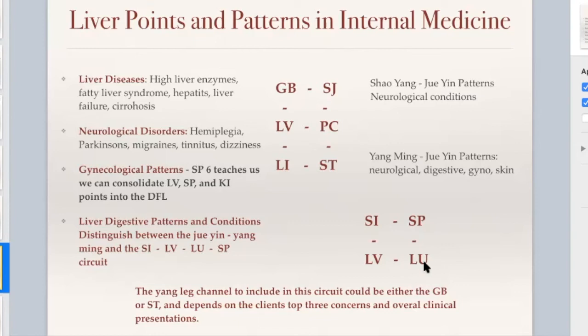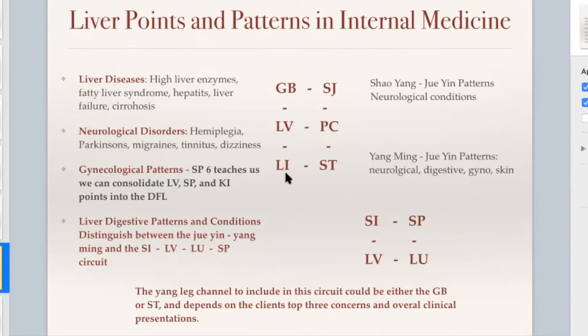Now, the reason that I mention this is because if you've done the Tung system, you may be using these points here, and it's helpful to take it back to this circuit and back to their top three health concerns. So if you're treating a person for a chronic, difficult to treat digestive internal condition, you don't want to be doing LI4, Hegu, or just large intestine points all the time.